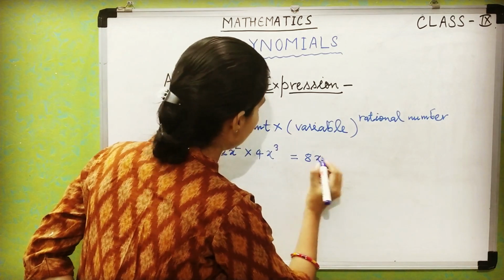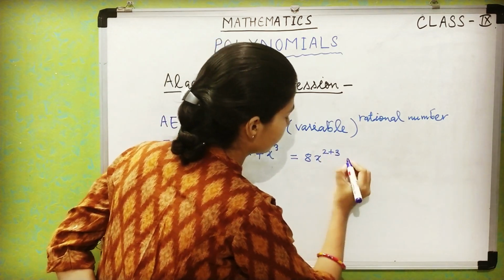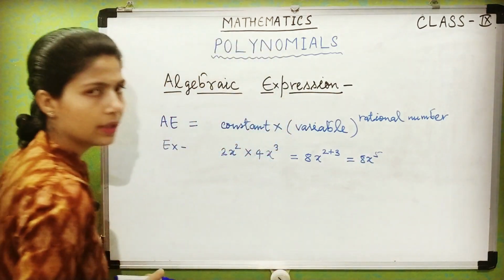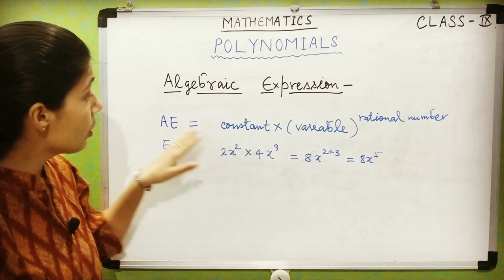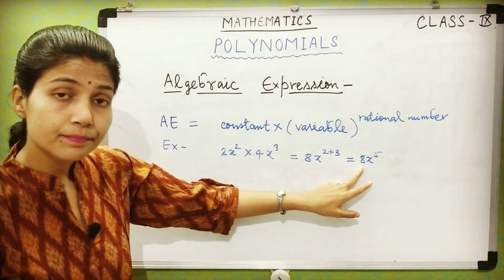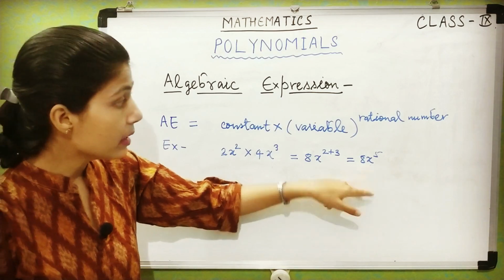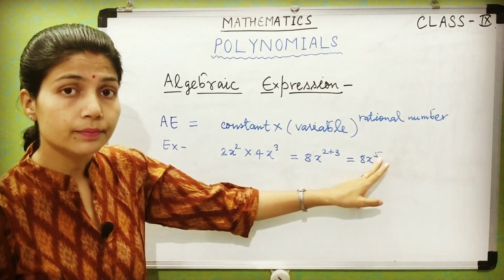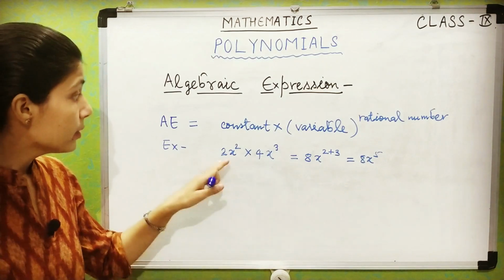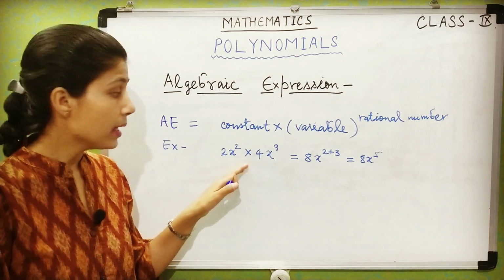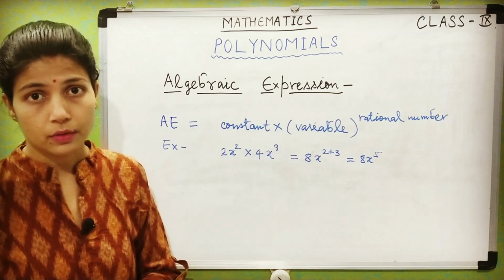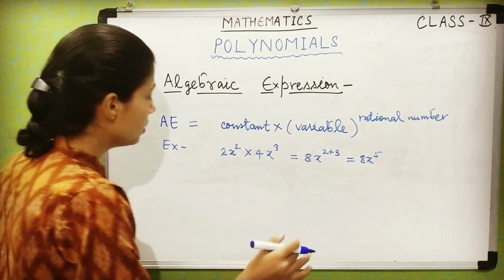So x raised to power 2 plus 3, so 8x raised to power 5. Now according to the definition of algebraic expression, is it an algebraic expression? 8 is a constant, x is a variable, and the variable is raised to a rational power. So this will be an algebraic expression. It is very clear from here that if you multiply two algebraic expressions, in the answer you will get an algebraic expression.